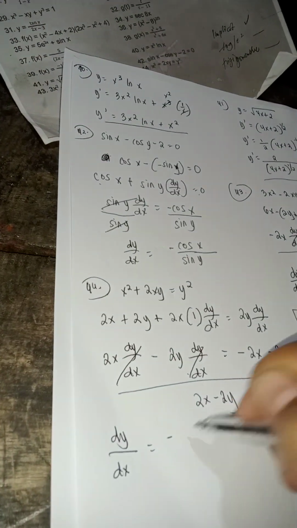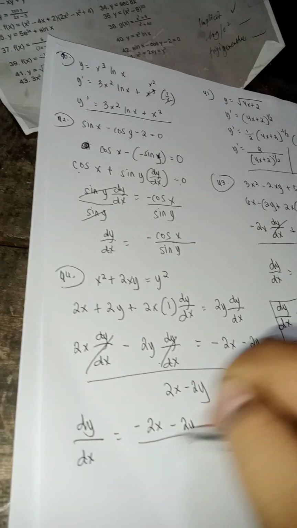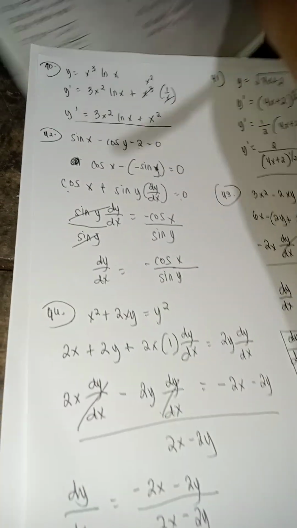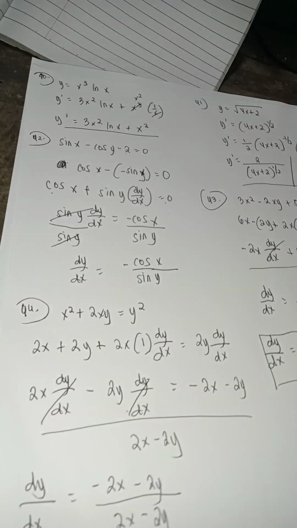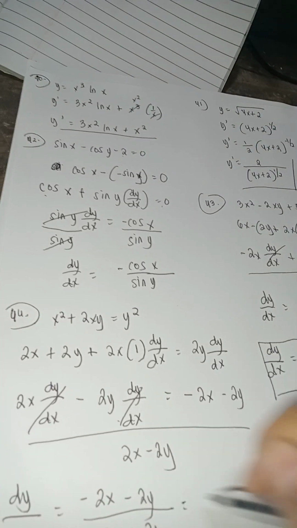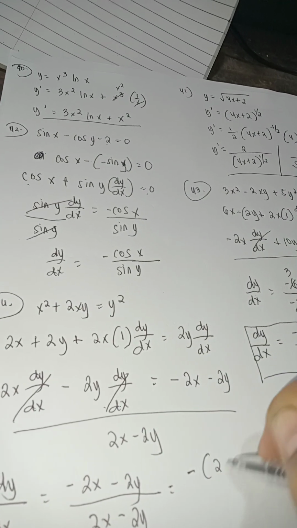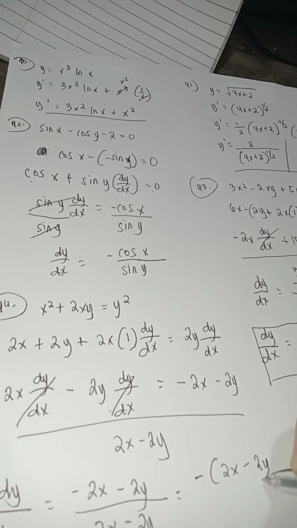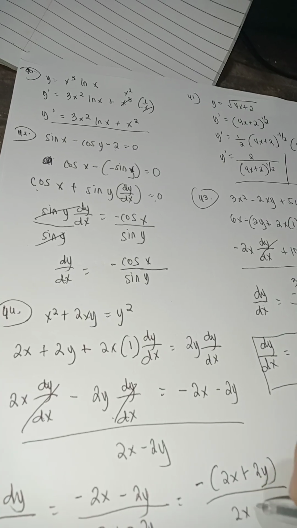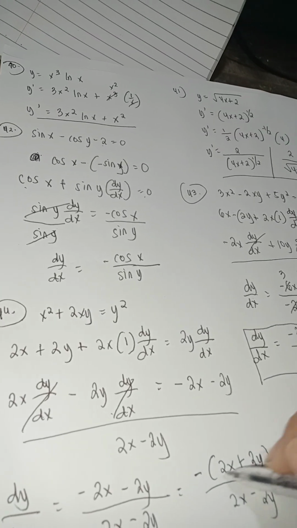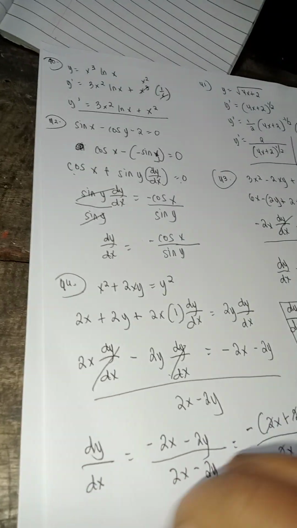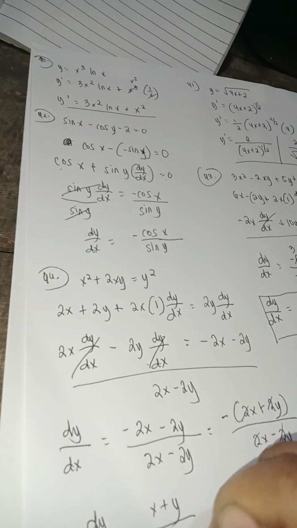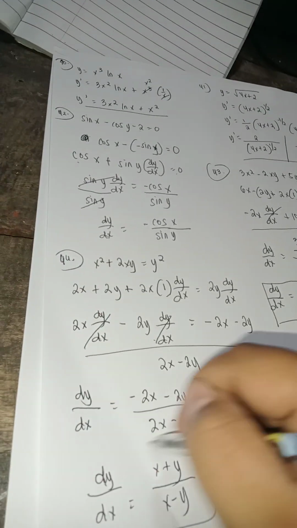Cancelled out. So, negative 2x minus 2y over 2x minus 2y. Okay? So, we can make the common factor negative, so 2x plus 2y over 2x minus 2y. They have a common factor of 2. So, dy over dx, the correct answer would be x plus y over x minus y. So, this is our final answer.